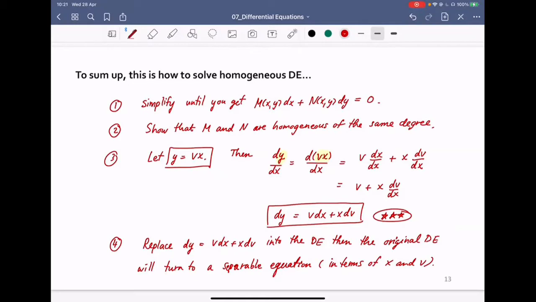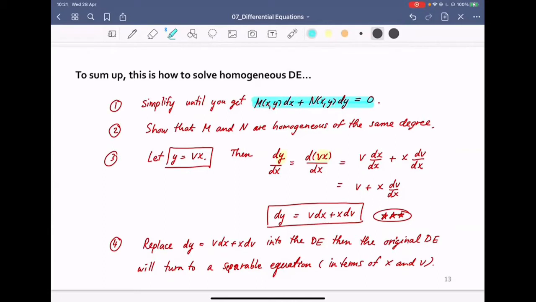So keep in mind that when you see a differential equation, first of all, you check if it is a separable equation. If it is not separable, maybe you simplify it to the form m dx plus n dy equal to 0, and then you check if it is a homogeneous equation.